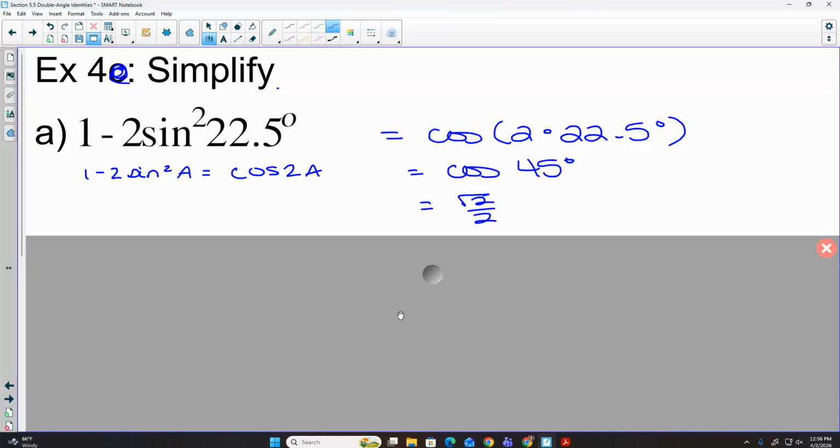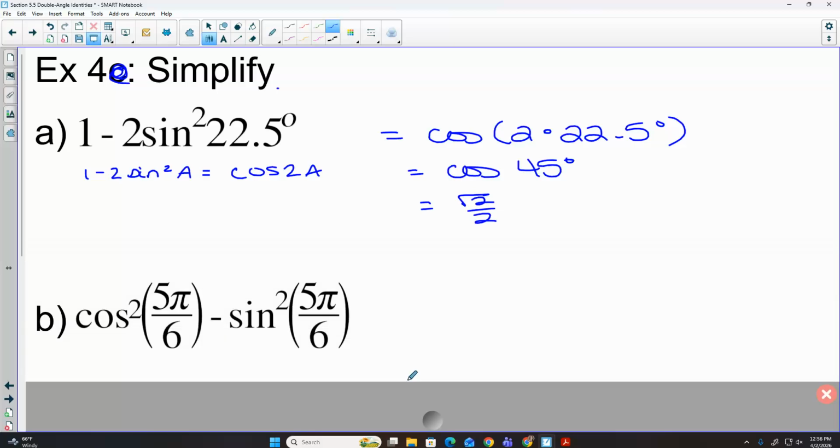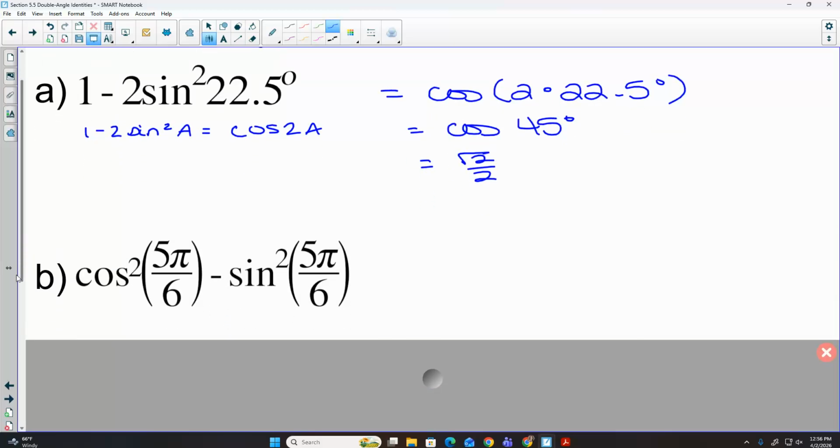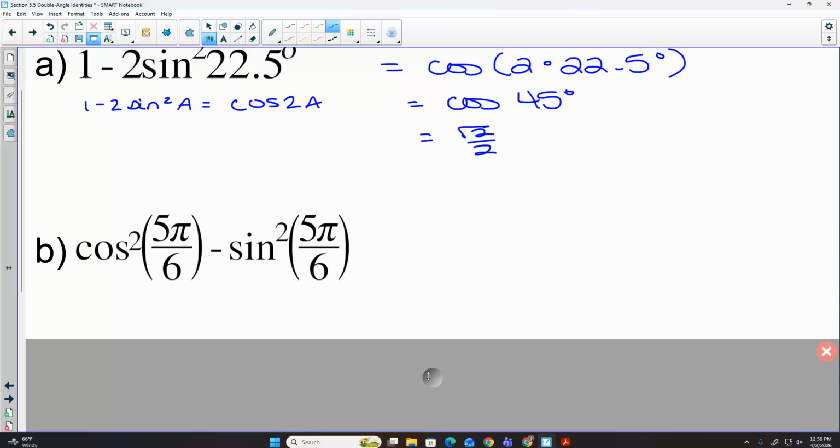So I could give you the right-hand side of the formula as well. What if I gave you this one? What does that look like?